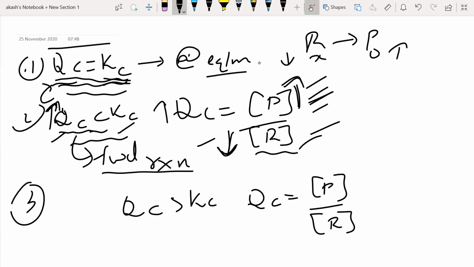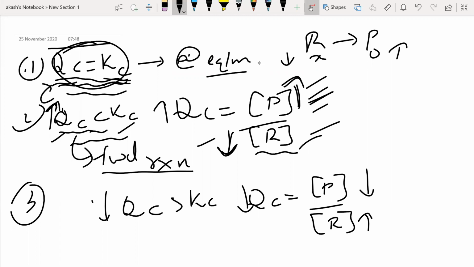Now, again, the reaction has to reach equilibrium. What do you mean by equilibrium? That means this particular condition, QC equal to Kc, has to get satisfied. So for that, the QC value has to be decreased. If I want to decrease the QC value, obviously I have to decrease the numerator and increase the denominator.